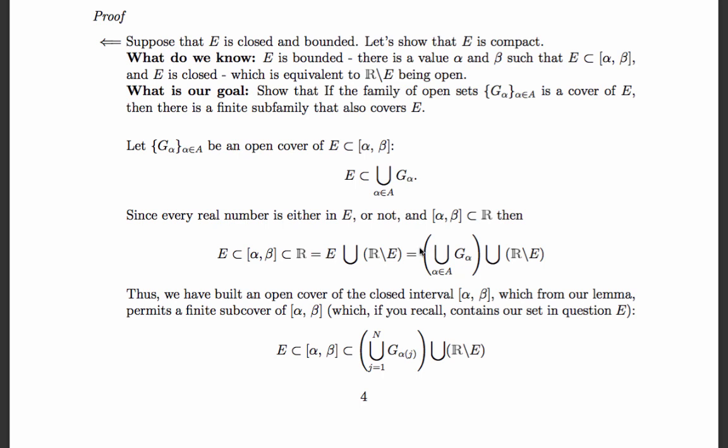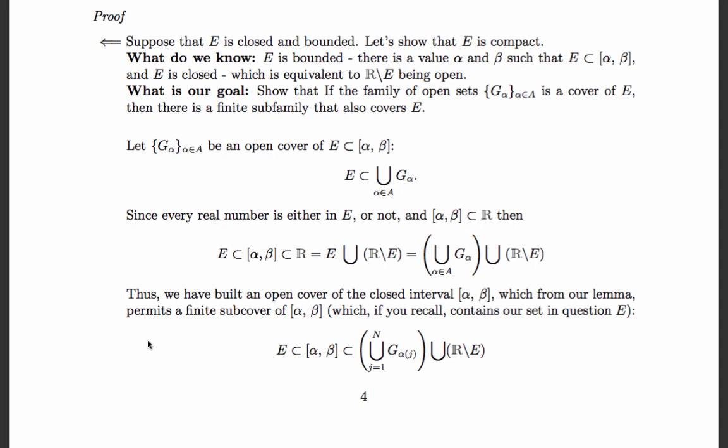Now, I know that E is contained in its open cover, right? So if I take the open cover of E joined by way of a union with the complement of E, I get equality, every real number.